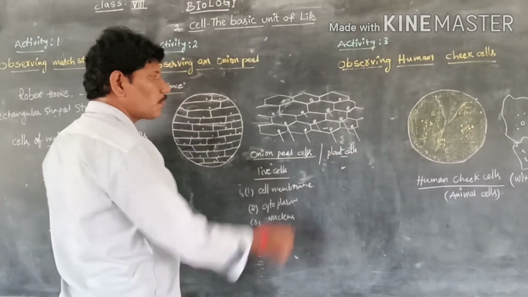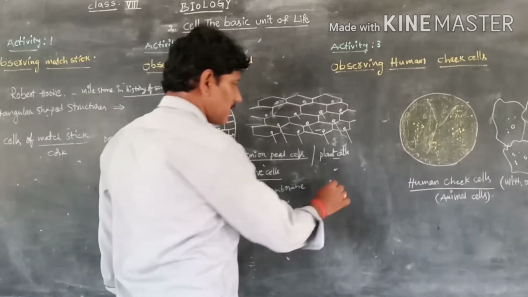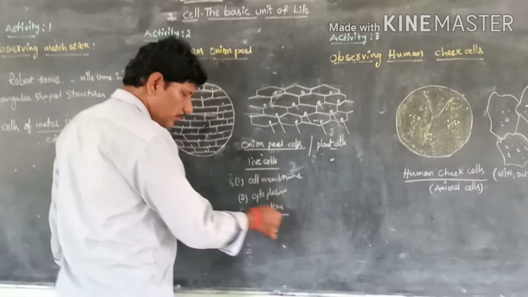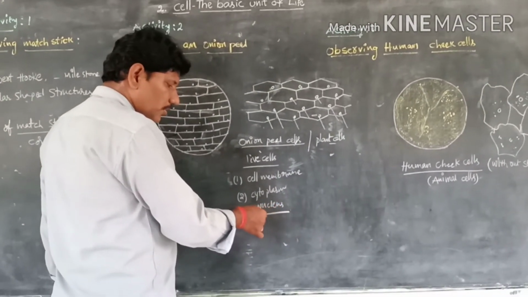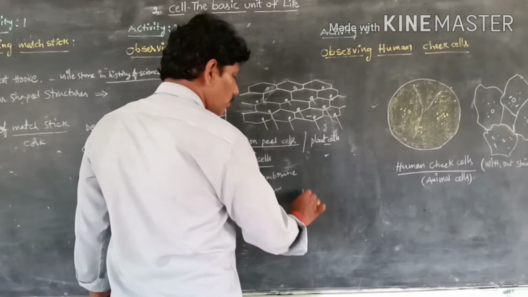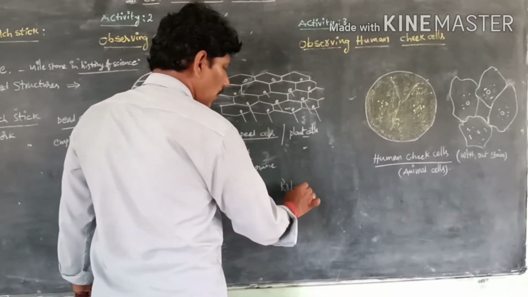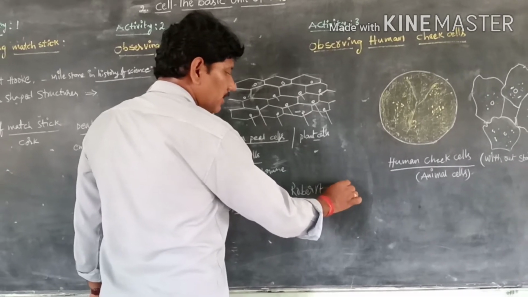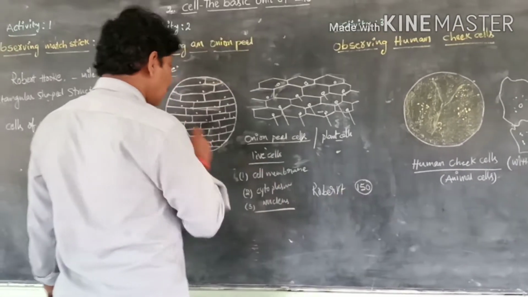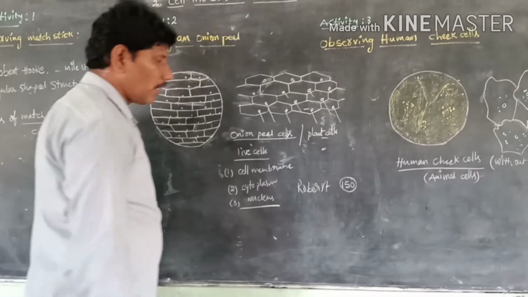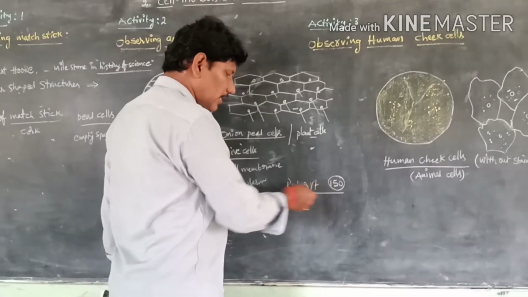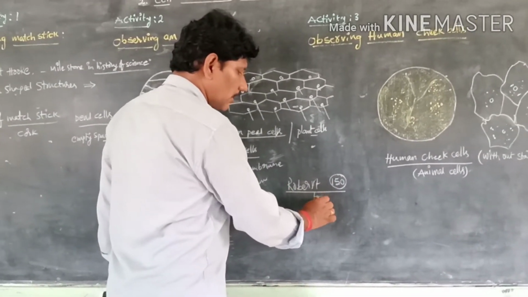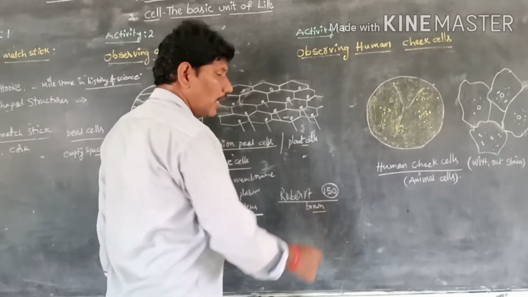This spot is called a nucleus. So around 150 years after Robert Hooke's discovery of the cell, Robert Brown discovered the nucleus in orchid leaves.